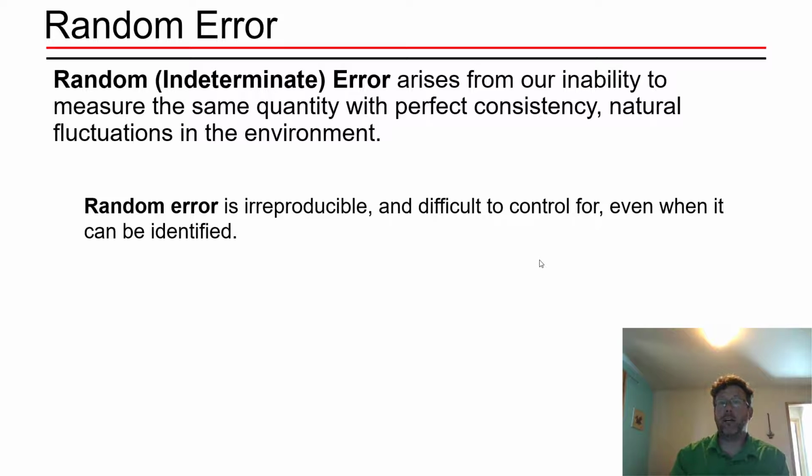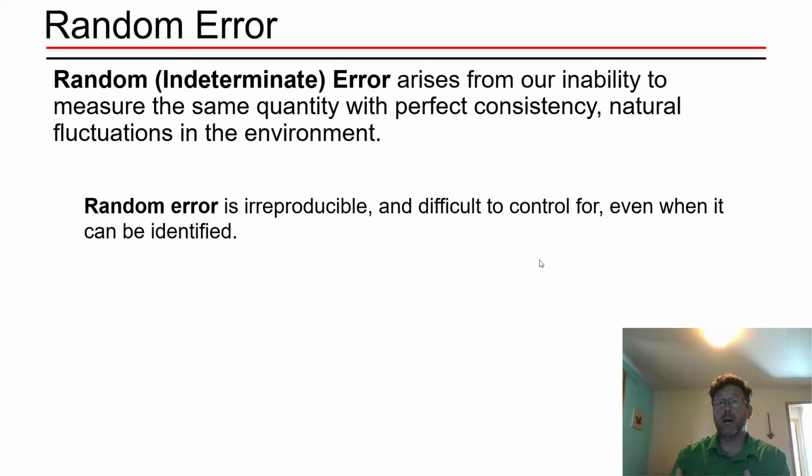Random error, or what Harris calls indeterminate error, is a little more pernicious and harder to account for. Random error arises from our inability to measure the same quantity with perfect consistency due to natural fluctuations in the environment. And so random error covers things that can't be fixed through calibration.